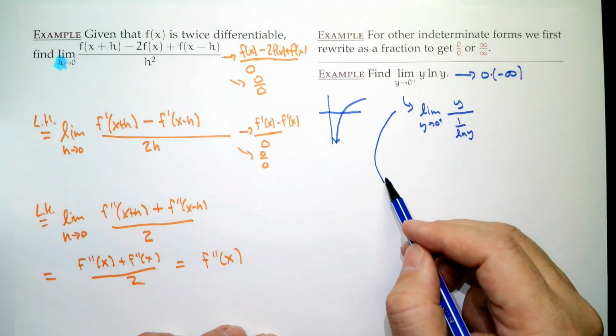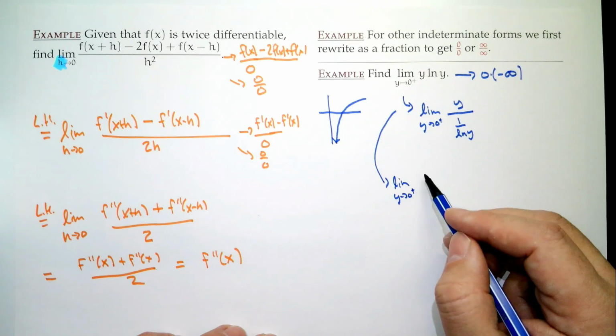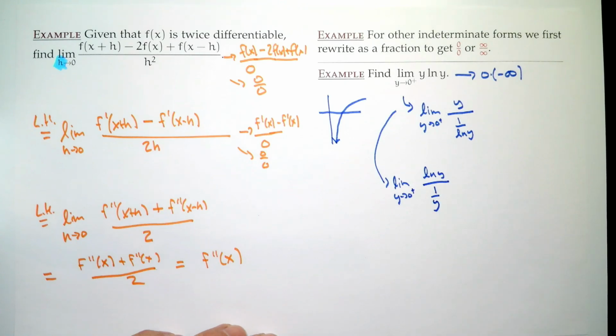Or I could keep the log y upstairs and then move the y down as a 1 over y. Both of these expressions are equivalent to what we started with, and they have the advantage of being a fraction. Now, which one should we use? It may not be immediately obvious, so we'll just pick one.